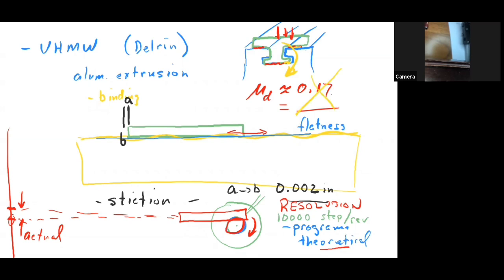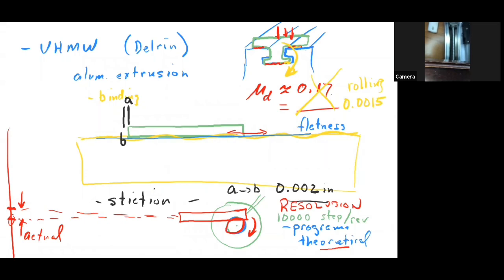As an example, just so you know, while we're on that subject, if we put in a linear bearing, these are rolling linear bearings, the actual coefficient of friction in a rolling ball bearing is, instead of being 0.17, the rolling is probably closer to 0.0015.